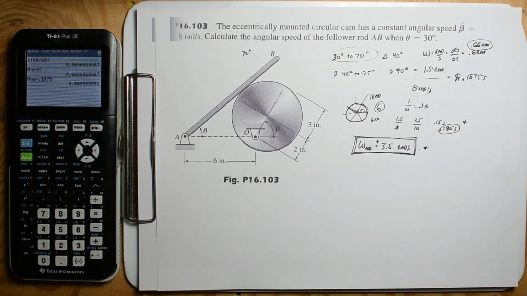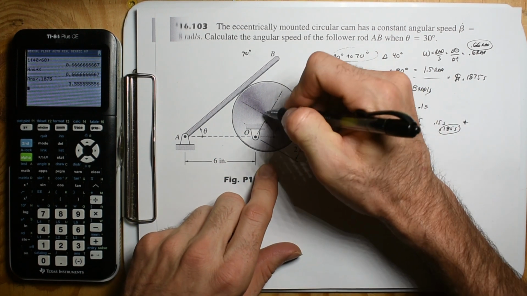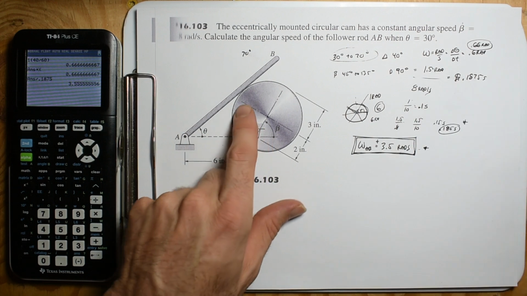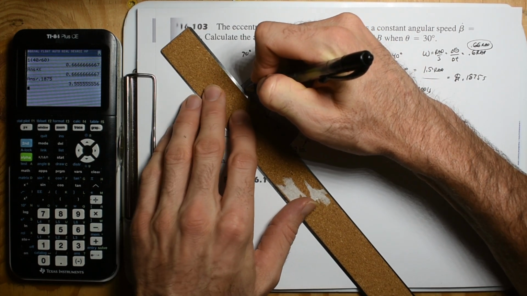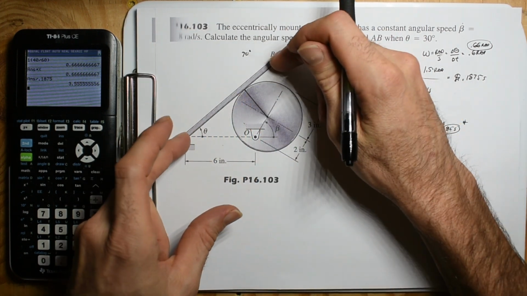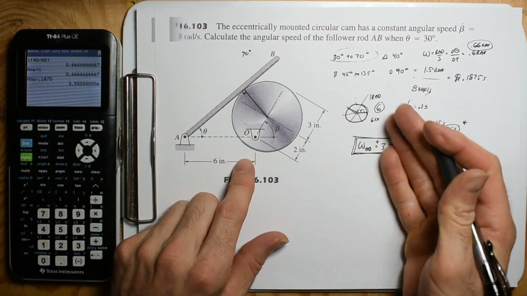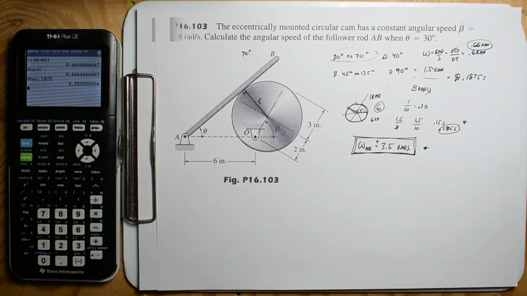So now, for step 2, is to do some geometry. On this, I do know that we're going to have a tangent from the center right to wherever this follower is. So that's going to be a 90-degree angle. And this is going to be the radius. Let's see what else we know.